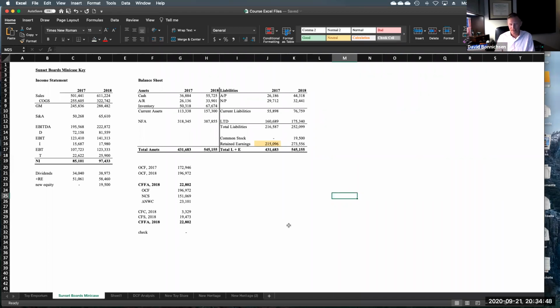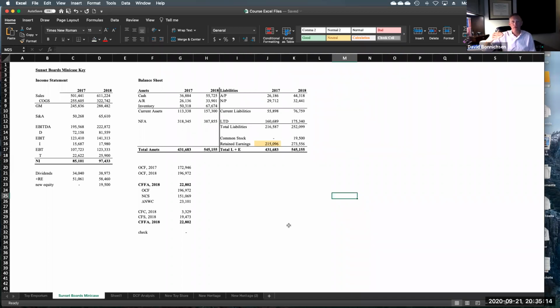Because next week we're going to be moving full steam ahead into not just dealing with 1 year of growth forecast, but 10 years of growth forecast, and how we can leverage Excel to very easily project 10 years worth of growth in a matter of seconds.